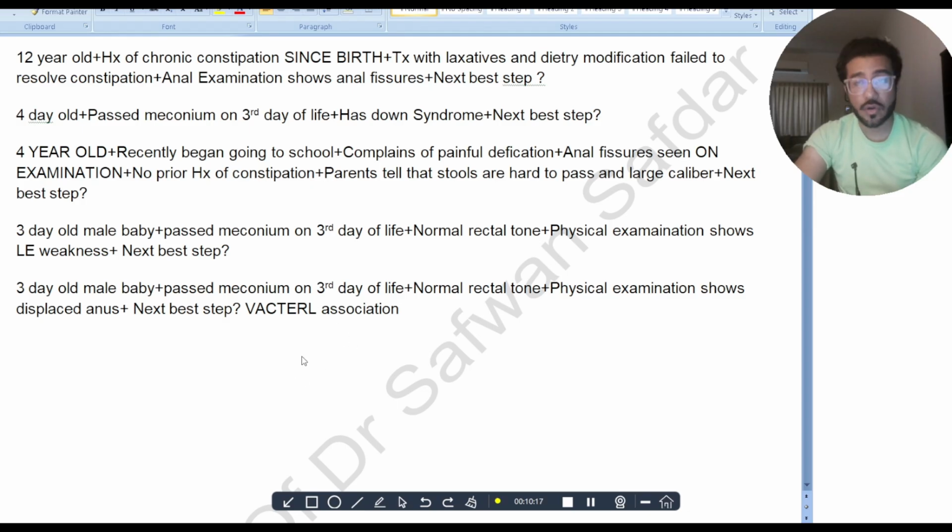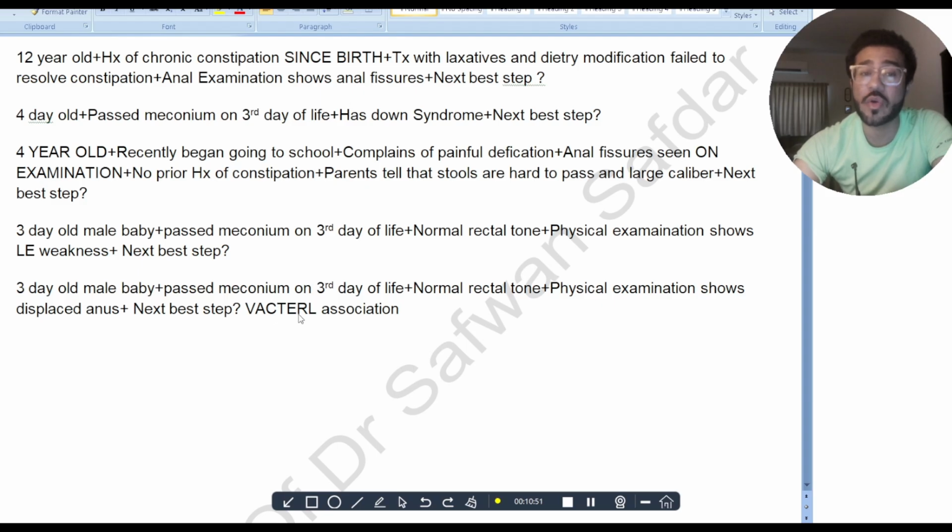They'll give you a lot of things, and you can pick either renal ultrasound, you can pick the test we perform for tracheoesophageal fistula, or you can perform an echocardiogram for the heart. So basically, it has a VACTERL association. That is why you can pick any diagnostic test that falls under this category of VACTERL. Renal anomalies, tracheoesophageal fistula, cardiac anomalies, echocardiogram for this. For renal anomalies, you do a renal ultrasound.